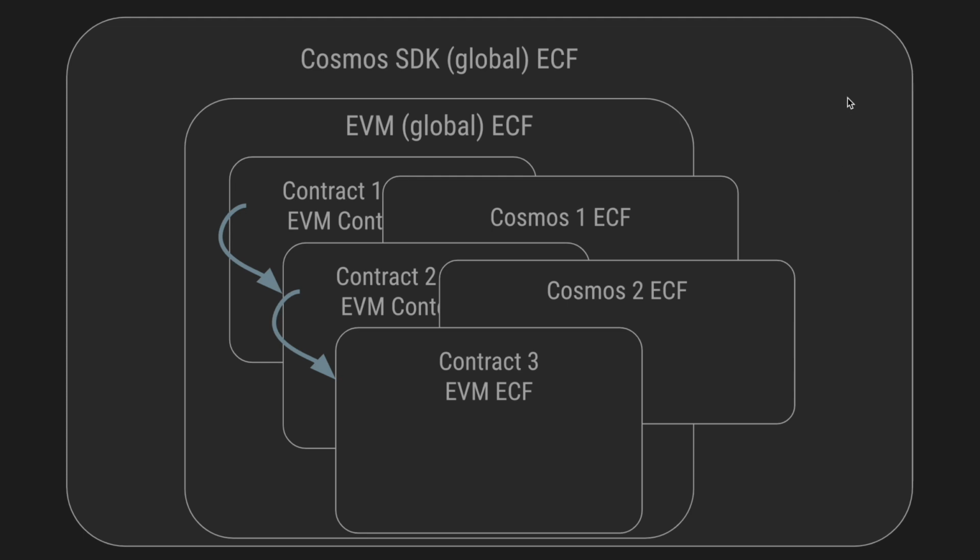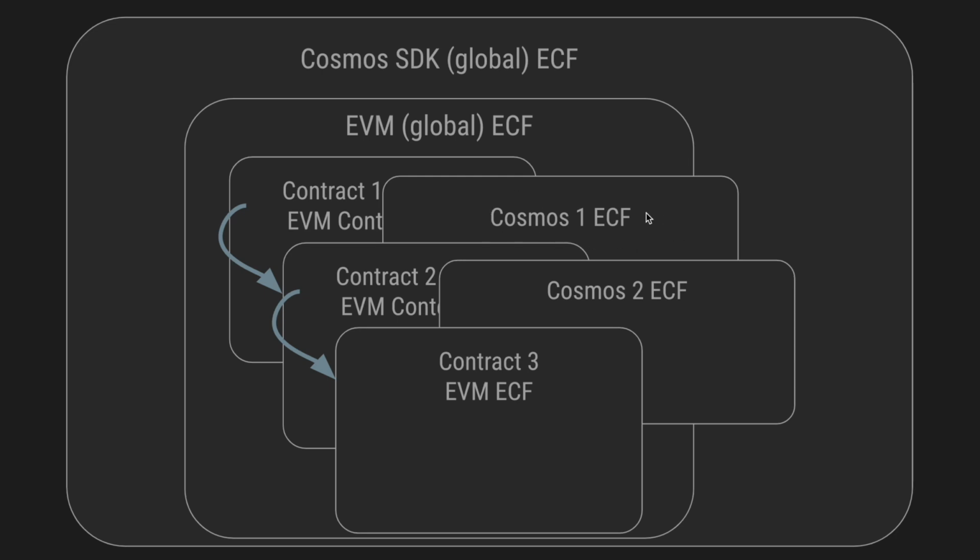We have the global Cosmos execution context, we have the global EVM execution context, we have the contract call frames, but now each time we call the Quasar precompile with a Cosmos message or query, we will have a corresponding Cosmos context frame.